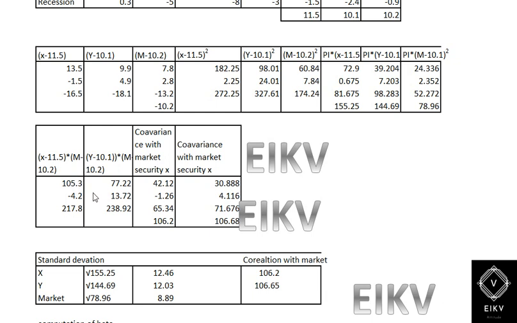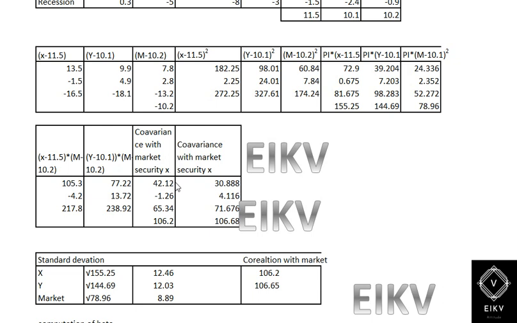Those figures should be made. After that we have the Y figures, that is Y minus 10.1 into M minus 10.2. When we multiply those figures, we get 17.72, 13.72, and 238.92.